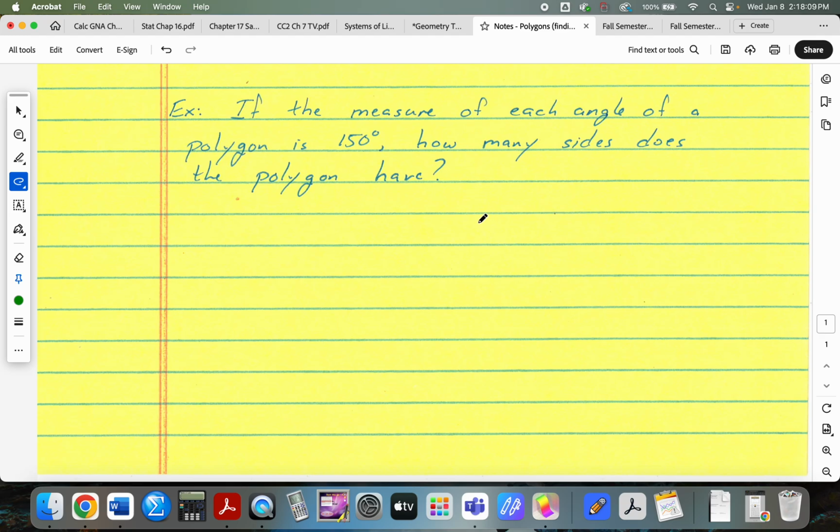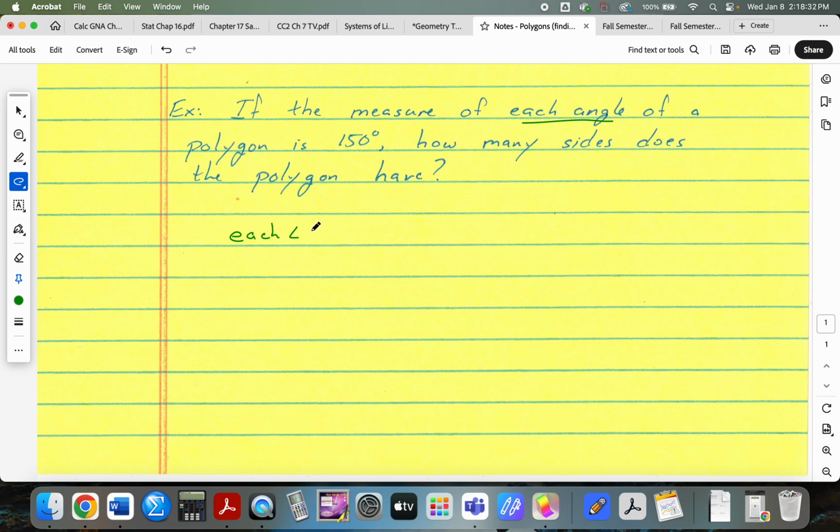All right, for this one, there's an algebra way to do it, and there's a way that if you think about a little geometry, you can do it a lot faster. I don't care which way you do it. So it says the measure of each angle. So I'm like, all right, as soon as it says each, I know I'm supposed to use the each formula.